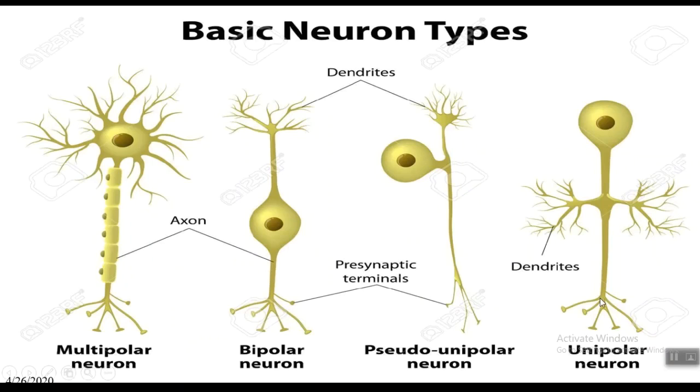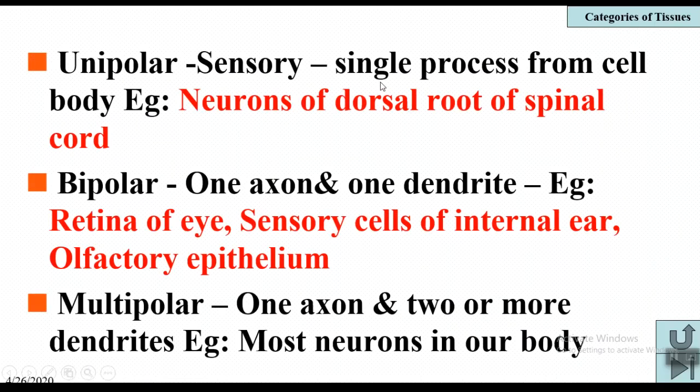Unipolar neuron: the name itself indicates that uni means single. They have a single process from the cell body.